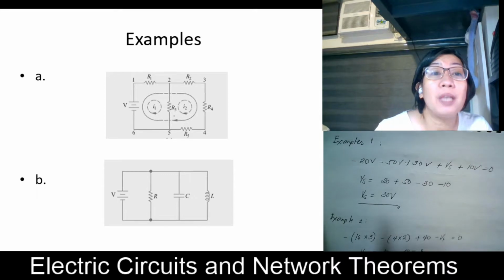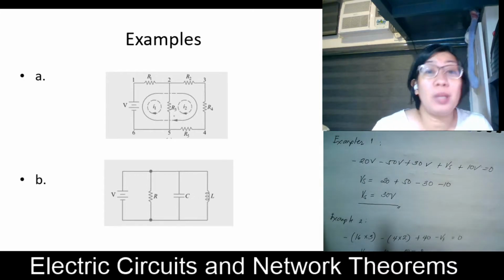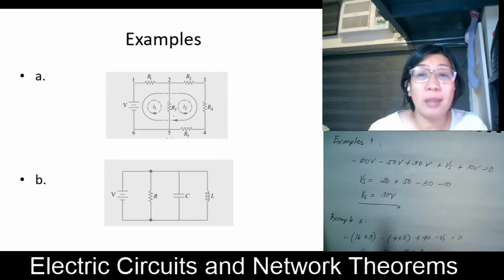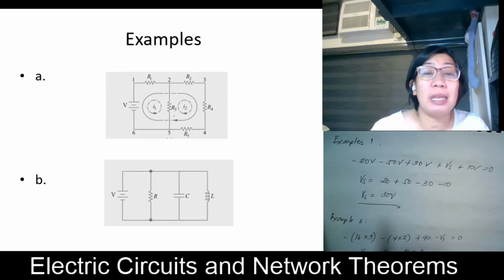This is where two nodes are connected. And then we have 6 nodes, which are points connecting branches. So where are our 6 nodes? You have 1, 2, 3, 4, 5, and 6. Those are your 6 nodes.